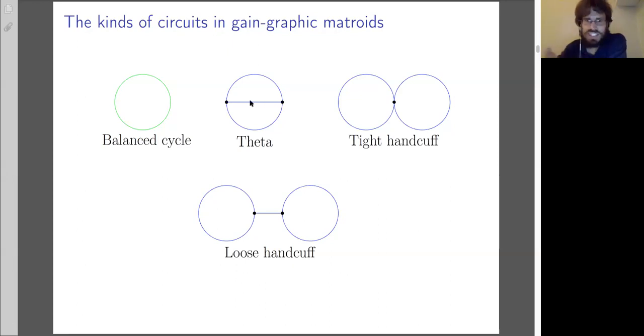And then looking at the shapes that are available, there's only one possibility for what the circuit could be that you get after elimination, namely it has to be this cycle around the outside. And so in particular, that cycle would have to be balanced. So if this is going to work, then in any theta, if 2 of the cycles of that theta are balanced, then the third one will also have to be balanced. I'll just call this the theta property, that you don't have any theta in the graph which has precisely 2 balanced cycles in it.